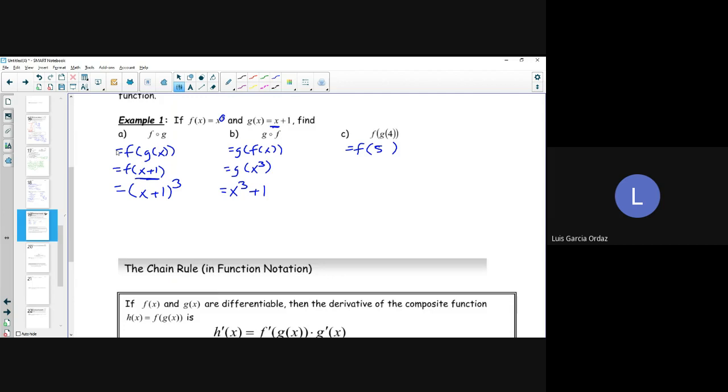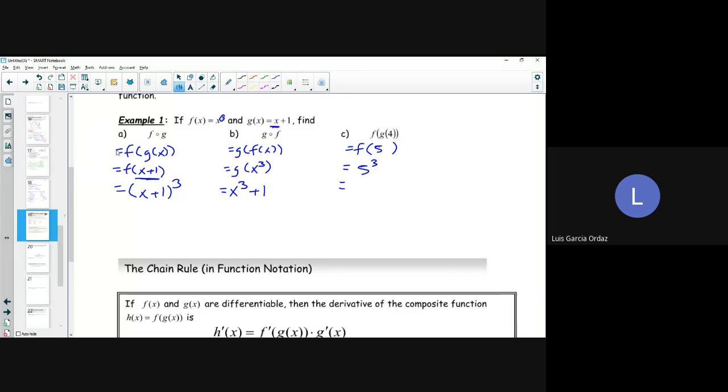Now I have to find f at 5. We know f of x is equal to x cubed. Wherever I see x, I'm going to plug in 5 for f of x, which means that I get 5 cubed. What is 5 cubed?